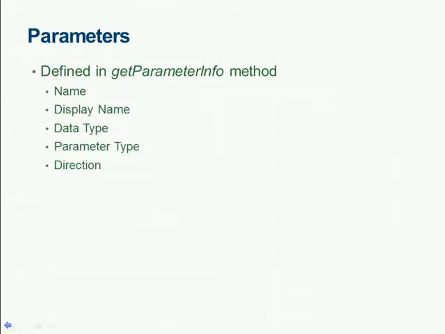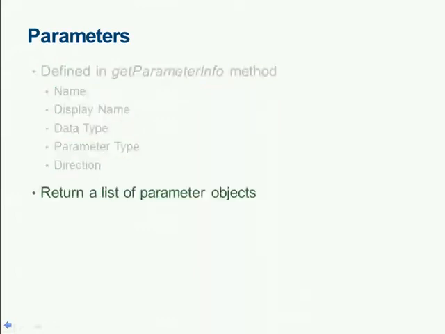Parameters are going to be defined in the getParameterInfo method. And the way we define parameters is using parameter objects. We create parameter objects by creating an instance of the parameter class. And when we define that instance, we are setting properties for the parameter object, such as the name of the parameter, the display name, the user-friendly name that shows up in the tool's dialog, the data type, so is it a feature layer or a raster layer parameter, the parameter type, so is it required, optional, or a derived parameter, and then the direction, is it an input or an output parameter.